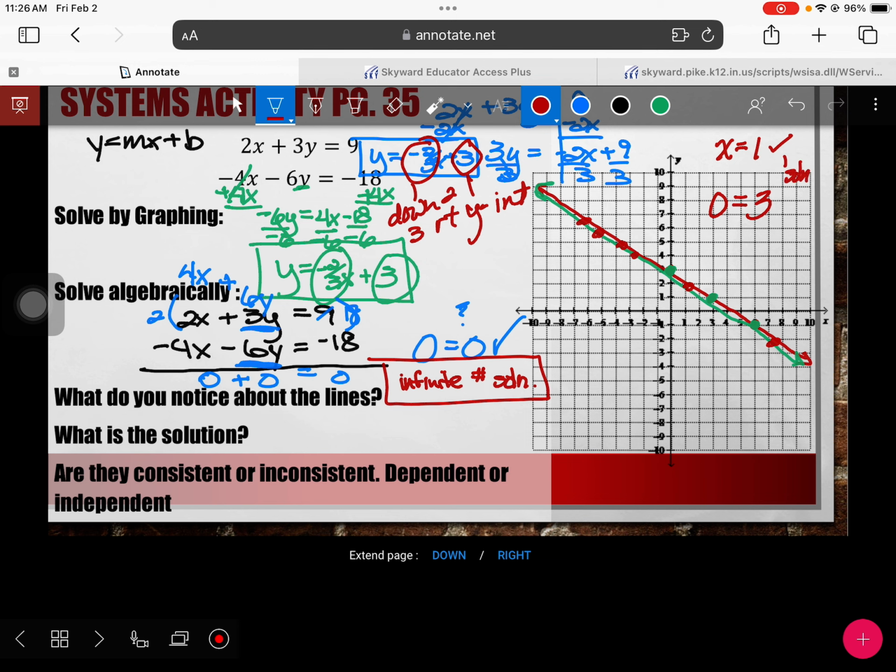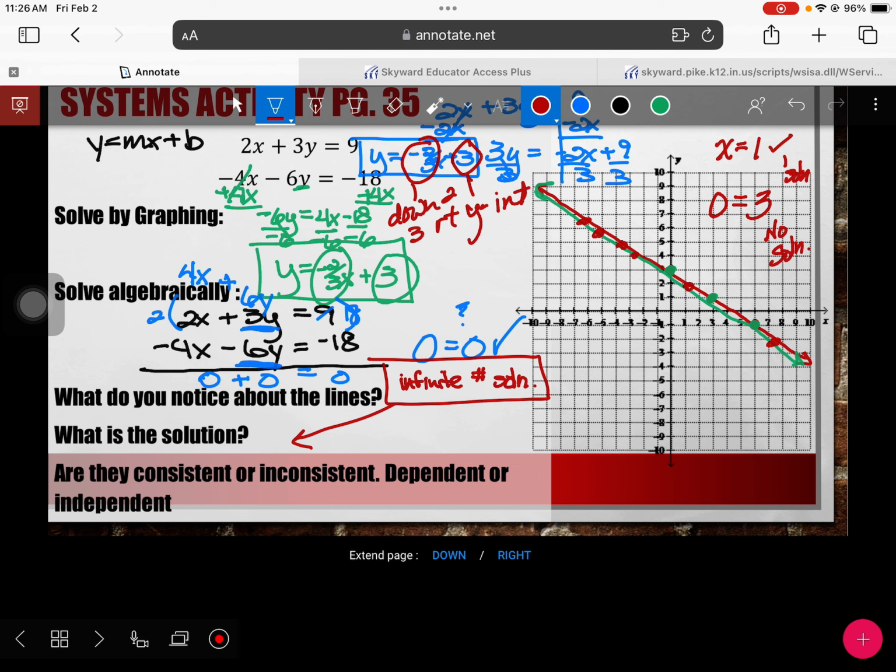No, so that would be no solution. So 0 equals 0, it's always true. X equals 1, true for 1. 0 equals 3, not true. There you go. So our solution is that there are an infinite number of solutions.